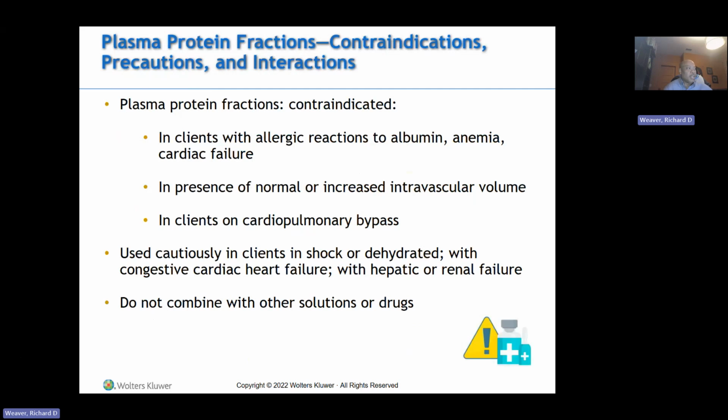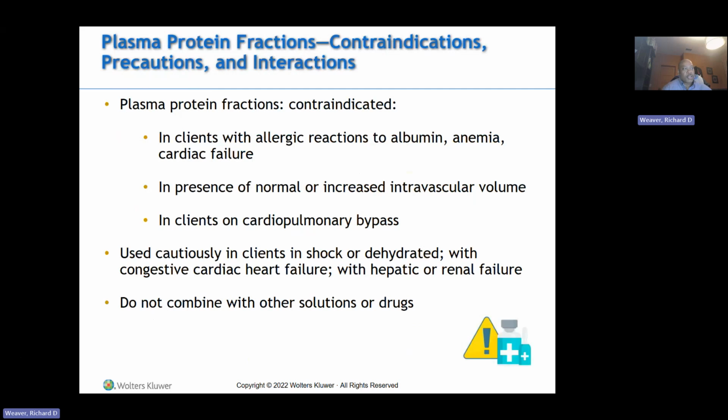In the presence of normal or increased intravascular volume, you don't want to add more plasma because it can cause even more fluid to increase within the vascular space, causing cardiac issues because you're putting more stress on the heart. And clients on cardiopulmonary bypass, some patients who are on these machines because they're having a CABG or some other cardiac procedure, it's contraindicated in those patients.